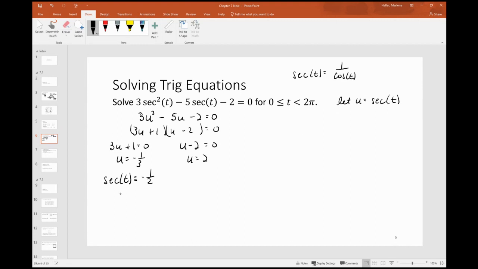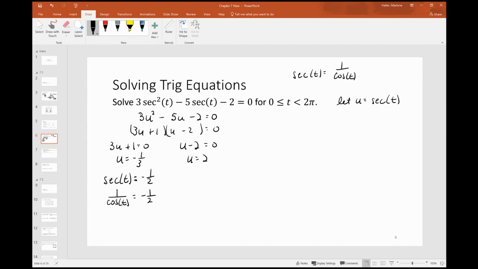So I want to go ahead and make that substitution here. Instead of secant of t, I'm going to write this as 1 over the cosine of t equal to negative 1/2. I guess I maybe should have written it here to show that was my reason.